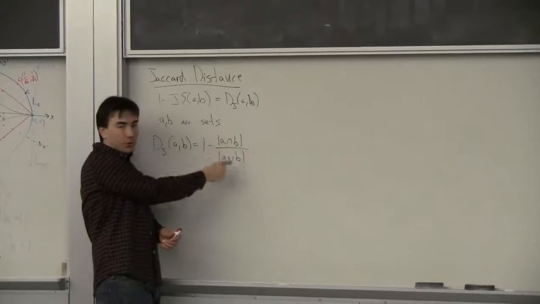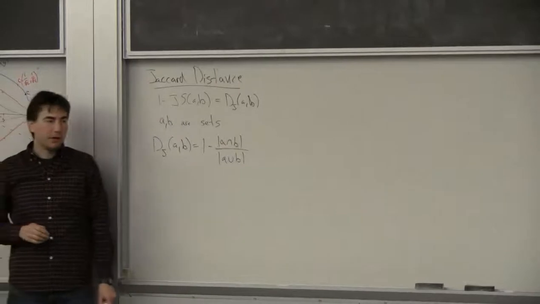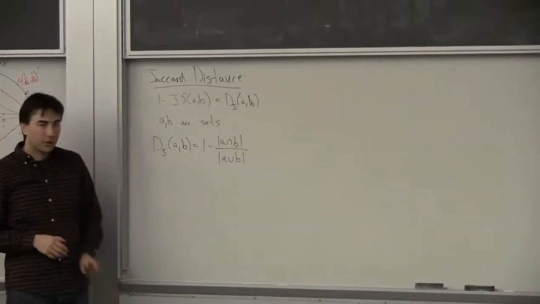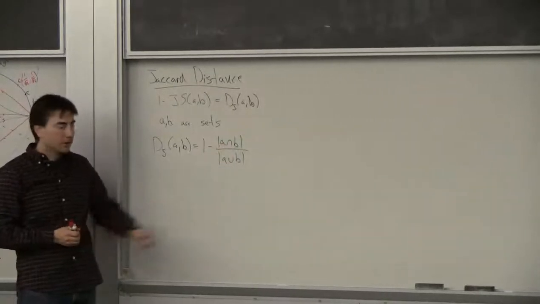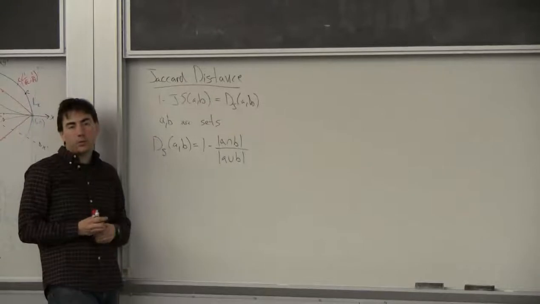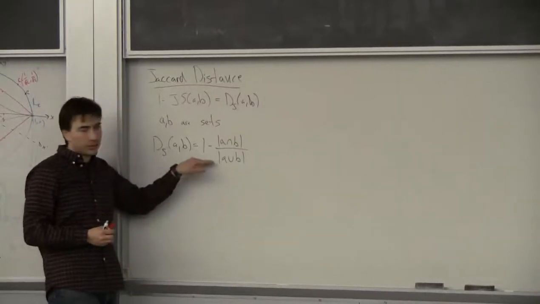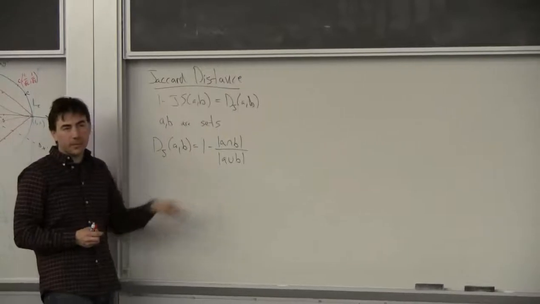So this ratio is 1, and 1 minus 1 is 0. If they're not equal to each other, then the union will contain something that's not in the intersection, so this ratio will be strictly smaller than 1. And so the distance cannot be 0 unless they're equal to each other.